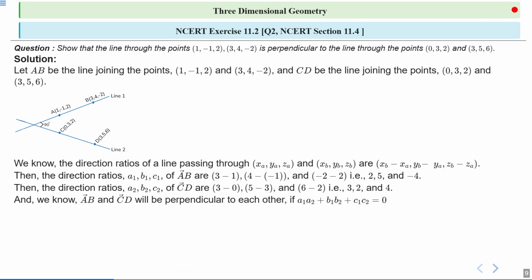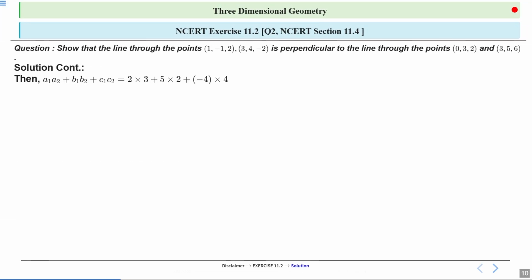Now, to check if the two lines are perpendicular, we use the condition for perpendicularity in 3 dimensions. If the sum A1 times A2 plus B1 times B2 plus C1 times C2 equals 0, then the lines are perpendicular. So let's calculate each part here.